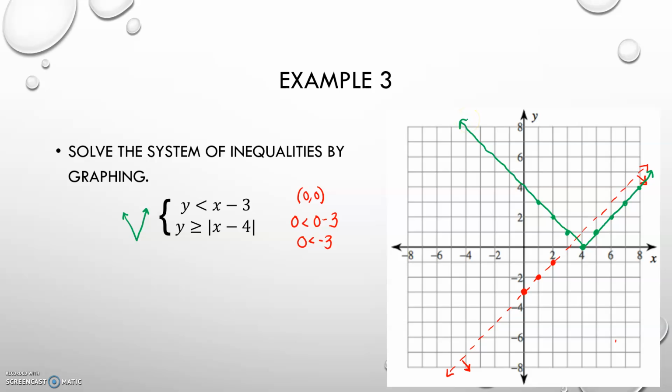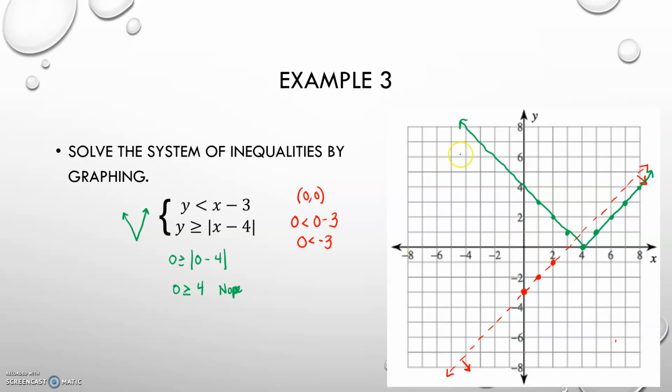All right. So when I plug in 0, 0 to this, 0 minus 4. 0 is greater than 4. And so 0, 0 is here.